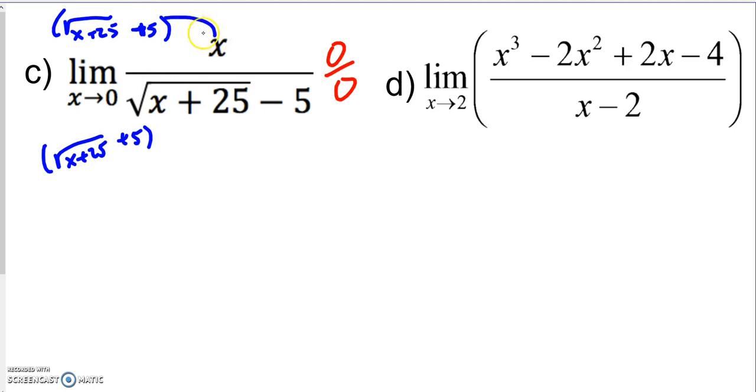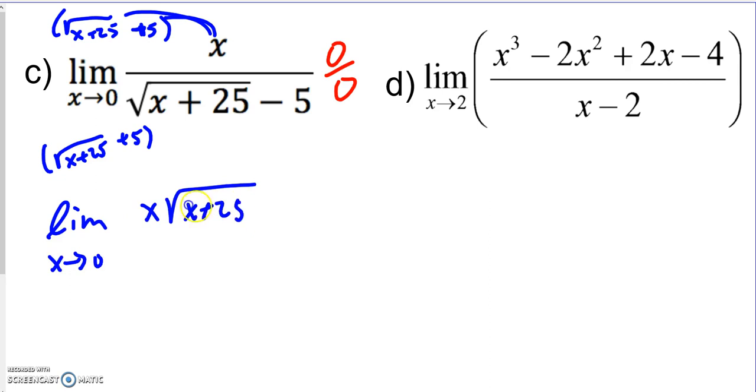So I'm going to distribute through the x in the top. So I get x square root of x plus 25 plus 5x. And then the denominator, hopefully you realize that the purpose of multiplying this, when I multiply the first radical, it just simply becomes x plus 25.